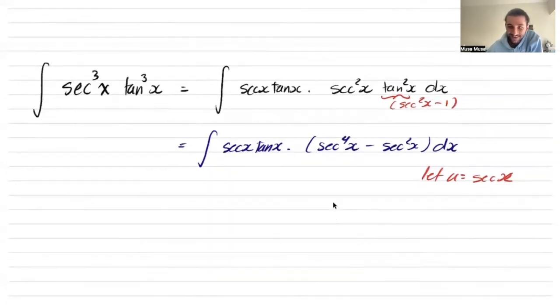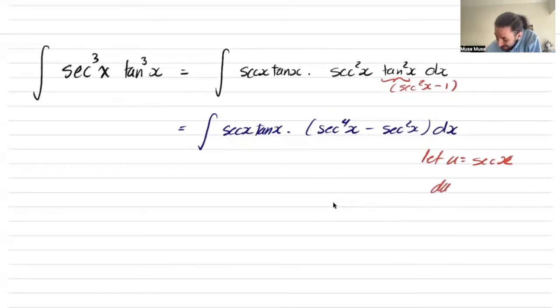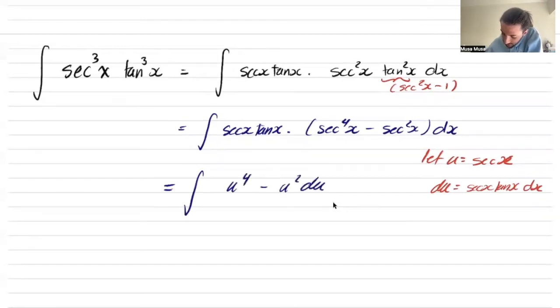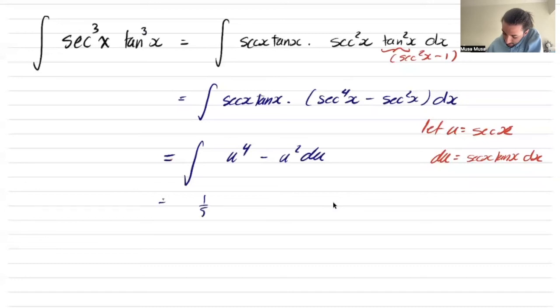Just a sec. du equals sec x tan x dx. And you can tell I'm kind of getting bored of these questions because they're all very similar. It's just test out a few methods, and the more you practice, the easier they become. It becomes u to the 4 minus u squared du. And then this becomes a fifth of u to the 5 minus a third of u cubed.